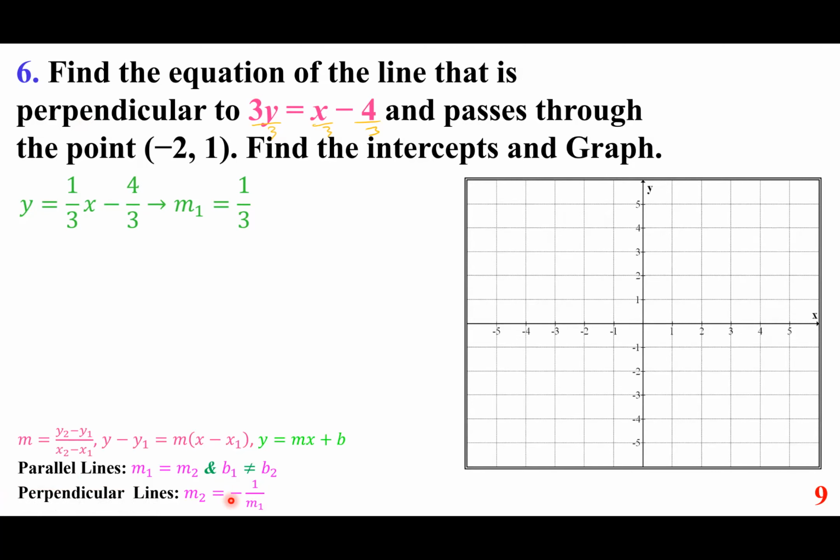Therefore, it's the negative reciprocal of that. So the reciprocal is 3, negate that is negative 3. So flip this over and negate that. And now let's come up with the equation of a line that is perpendicular to that using this formula, y minus y1 equals m times x minus x of 1.